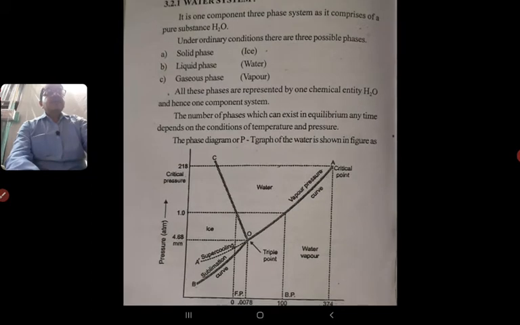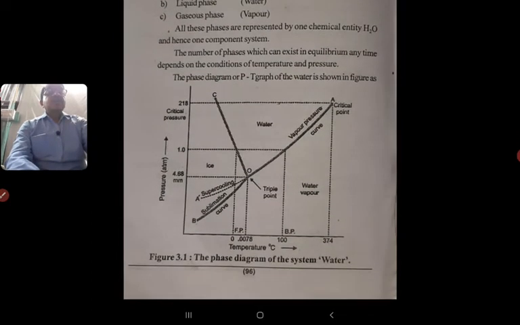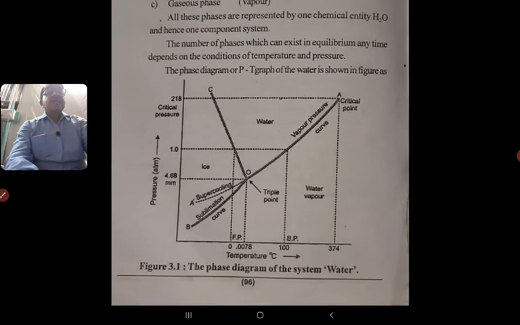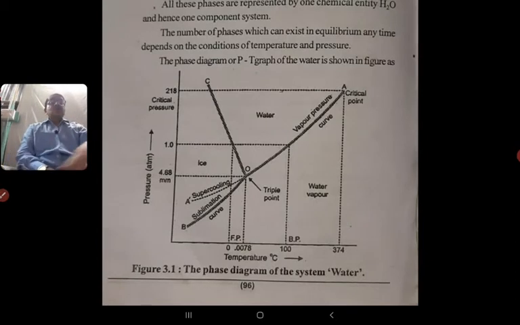Here the diagram of a one component system is represented by different plots. The plot of temperature on the x-axis versus pressure on the y-axis is plotted here.